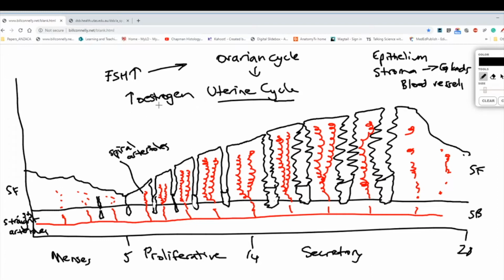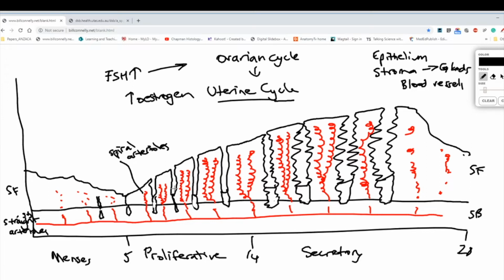So these increasing levels of estrogen drive the proliferative phase. It causes a regrowth of the epithelium from the base of the glands, from the stratum basale, out to the surface. The stroma regrows. We get a resprouting, if you like, of our spiral arterioles from our straight arterioles, which exist within the stratum basale.